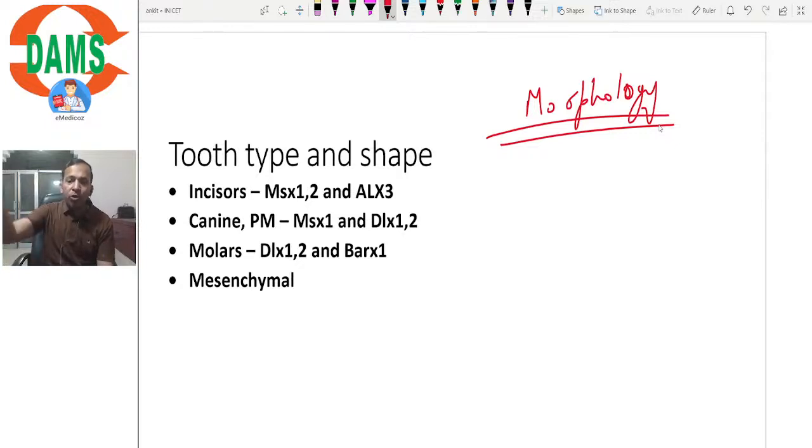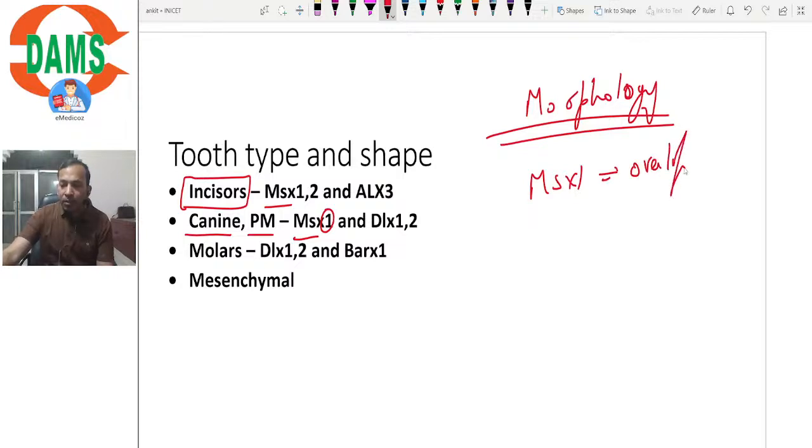As I've already told you, MSX is mesial specific, right? So MSX1 and 2 are expressed in the region of incisors. Only MSX1 is expressed in the region of canine and premolar. So you can say that MSX1 overlaps in the premolar region, and the same thing you can say for DLX1 and 2.